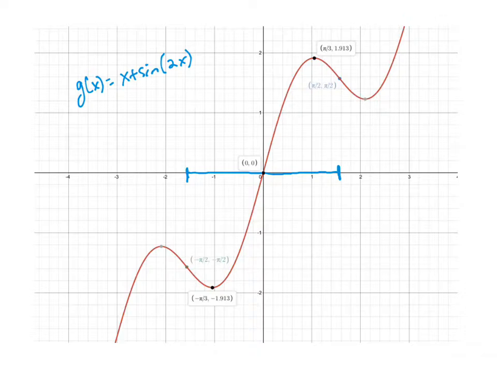We said we were decreasing from here to negative pi over 3, then increasing from negative pi over 3 to positive pi over 3, and then decreasing again from pi over 3 to pi over 2. We had a local minimum value down here, local max down here, and then this was our inflection point. So everything we found matches up with what we see in the graph.